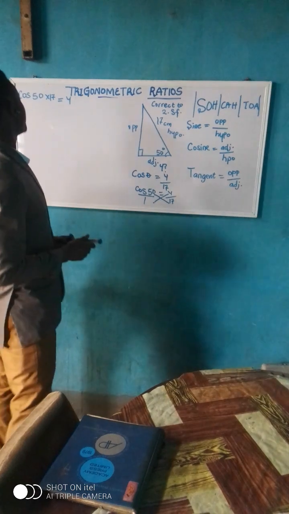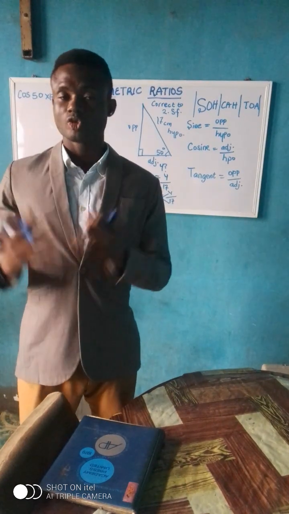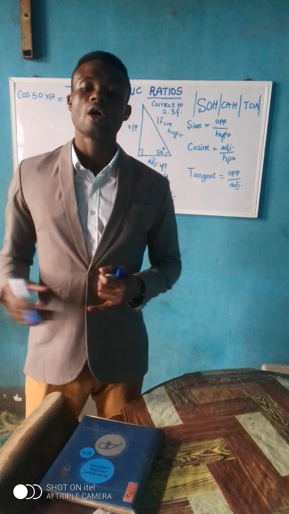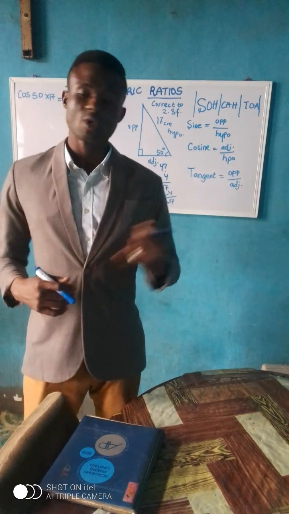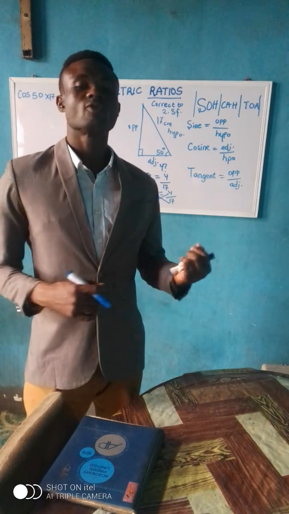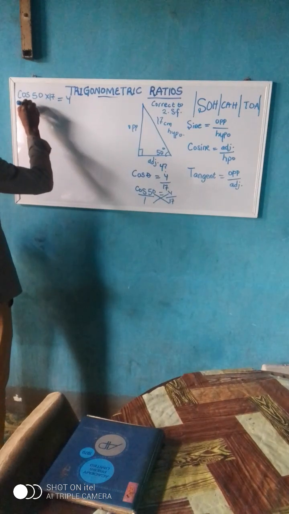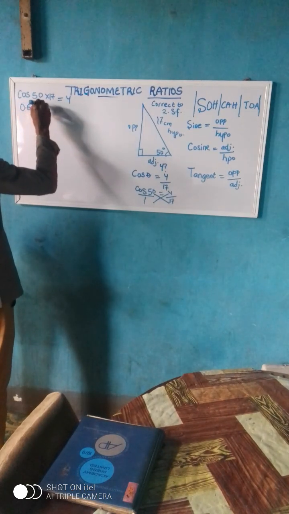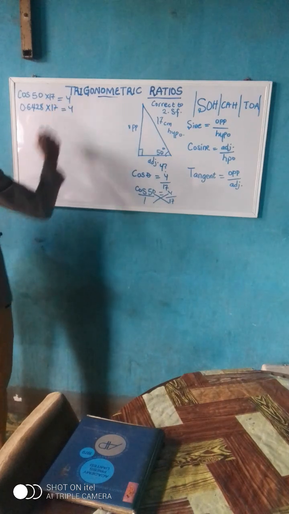So now let's look at cos 50. What is cos 50? I want you to use your calculator, or if you have a four-figure table, to check what is cos 50. When you check what's cos 50, you see it's 0.6428. So 0.6428 times 17 is equal to y.